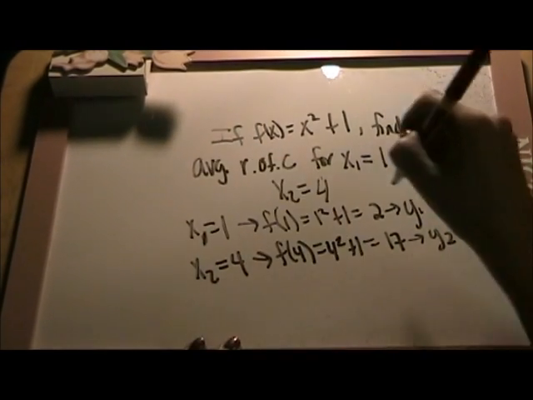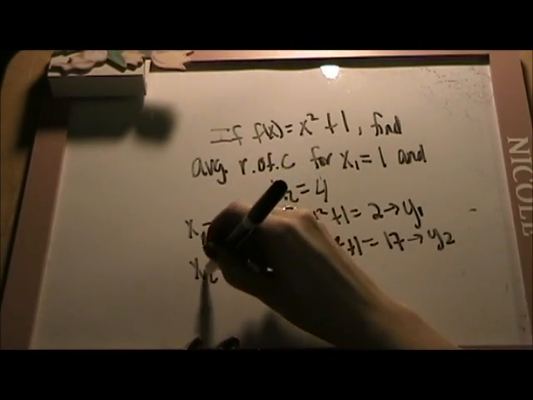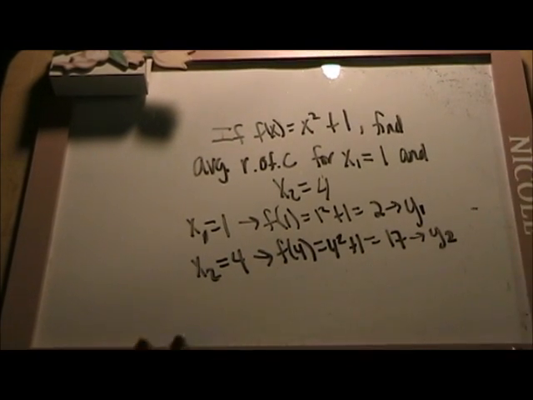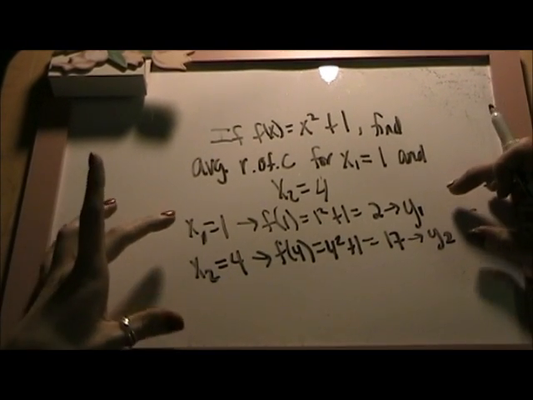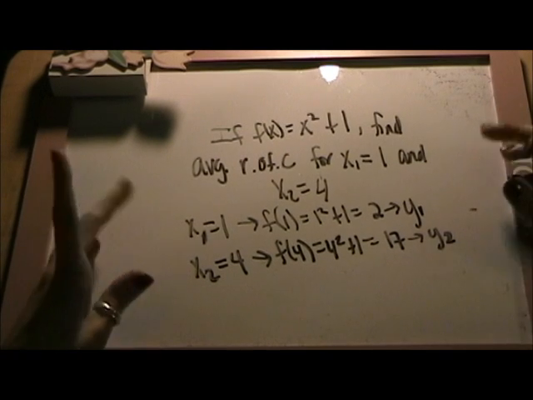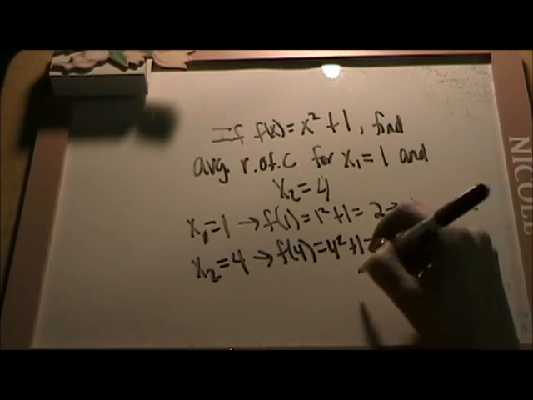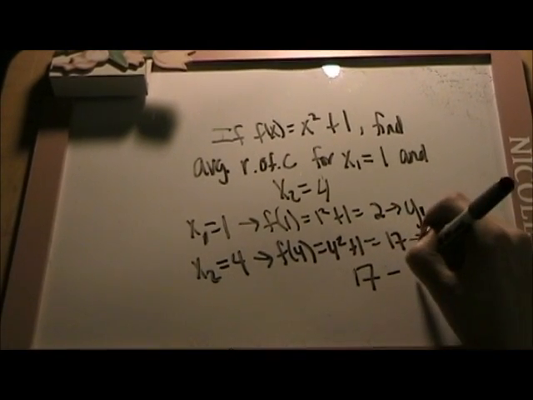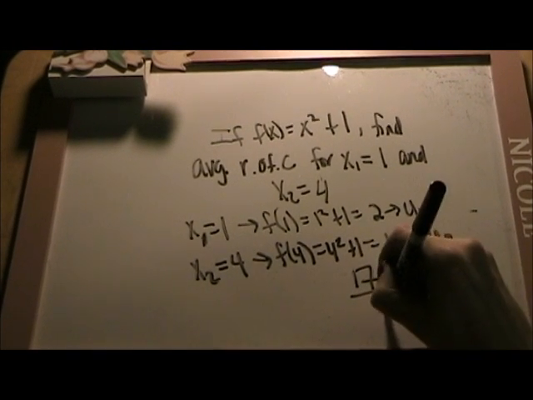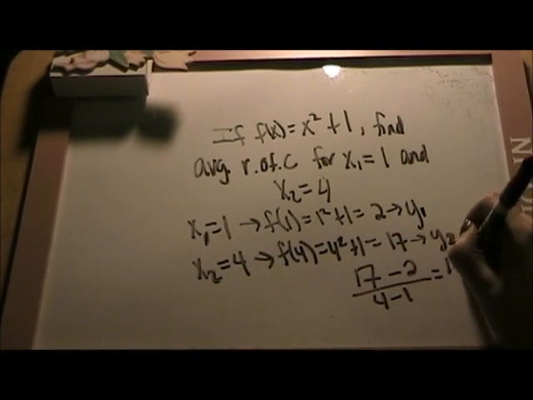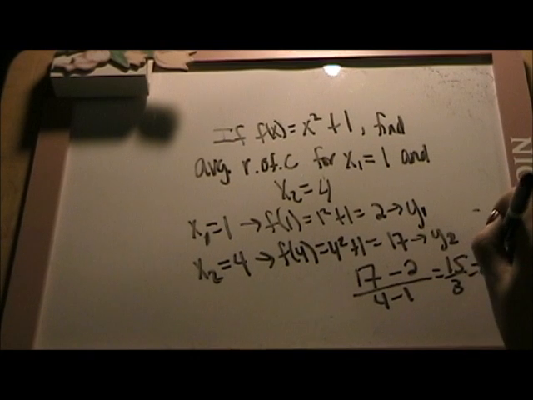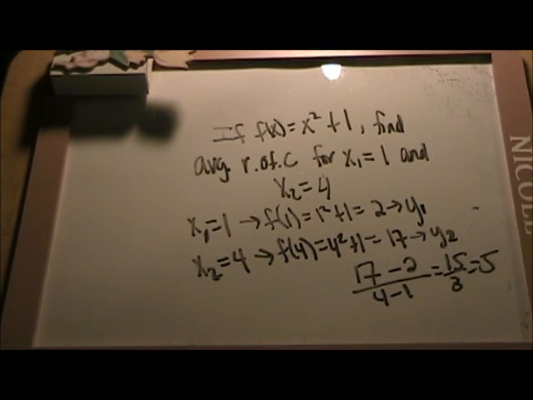If this is x1, this would be y1; x2, y2. Once we find x1, y1, and x2, y2, plug it into the slope formula. 17 minus 2 over 4 minus 1, 15 over 3. So our average rate of change is 5.